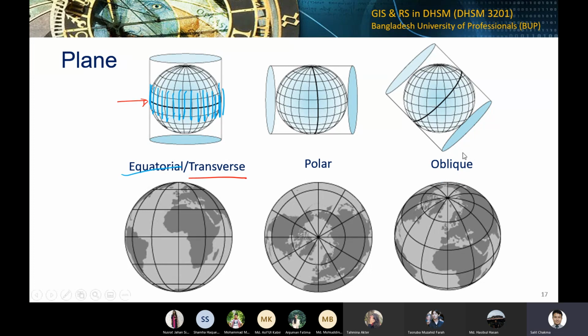We are not taking it obliquely, we are taking it along the equator. So since the shape of Earth starts to squeeze or converge into the polar region, this coordinate system fails to represent these regions properly.